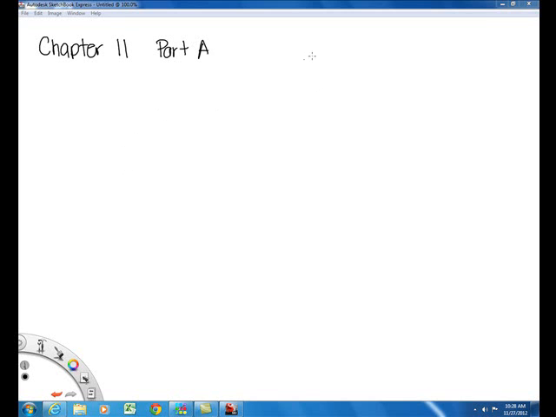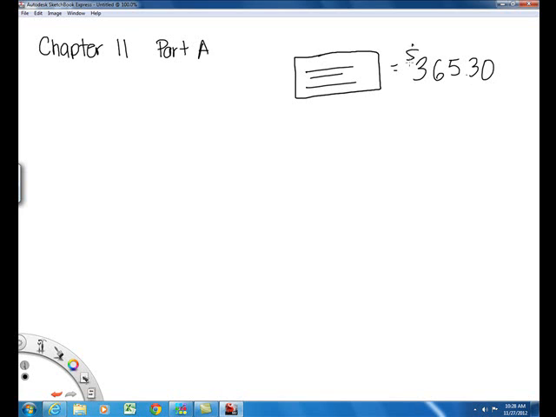In other words, we have a credit card that we've been using, and on the card we have a balance that we've not paid off. The balance is $365.30.